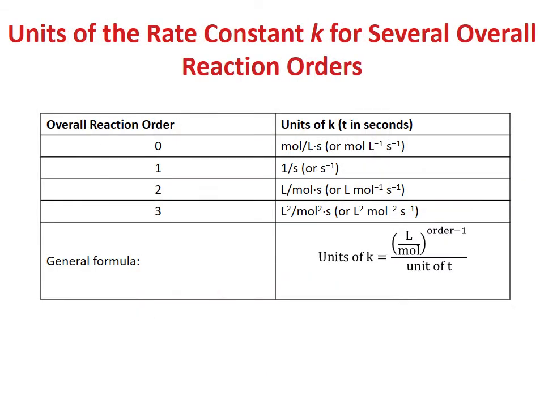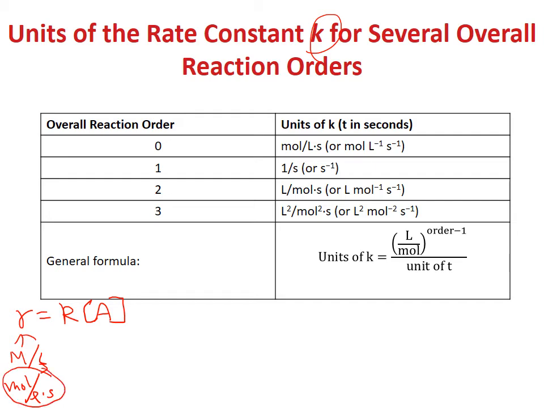The unit of rate constant K depends on reaction order. For example, if it's a first order reaction, R equals K times A. The unit of R is always molarity per second, the concentration change per second. Concentration is molarity, and molarity is moles per liter. So the reaction rate is moles per liter per second.